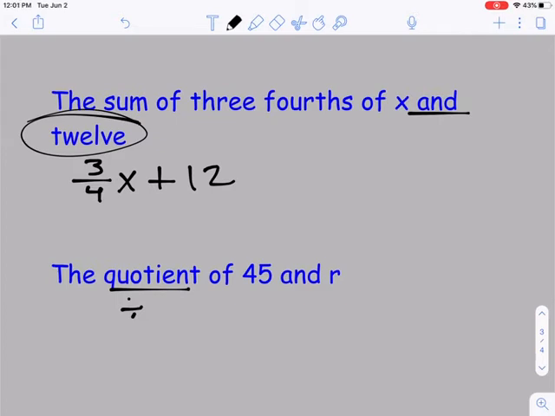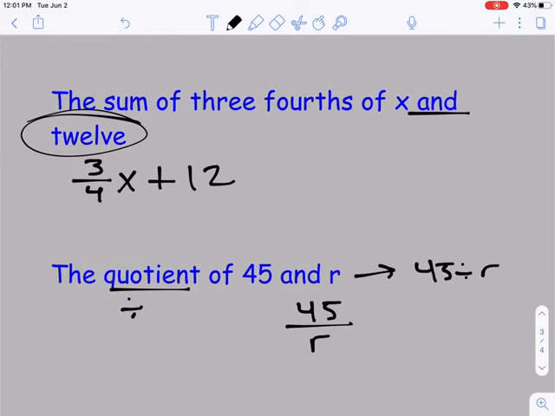So the quotient of 45 and r basically means that if we were to use the division sign, it would be 45 divided by r, but we're going to write it as a fraction. And remember, the one on the left goes on top. That's your numerator. That is called your dividend, and then your divisor goes on the bottom.